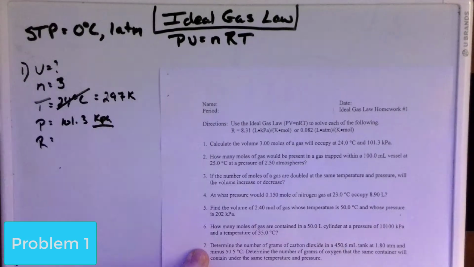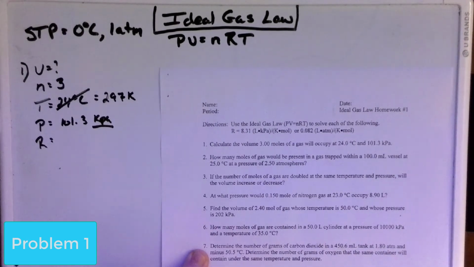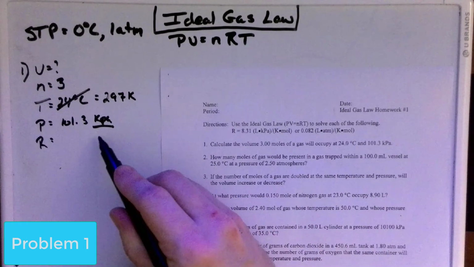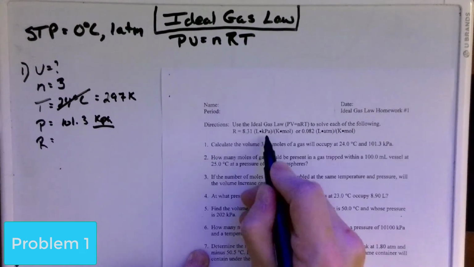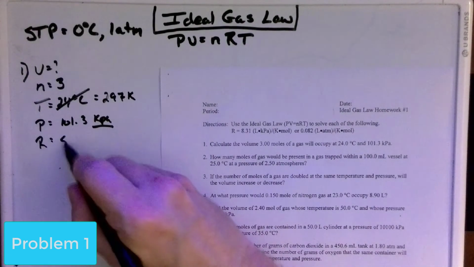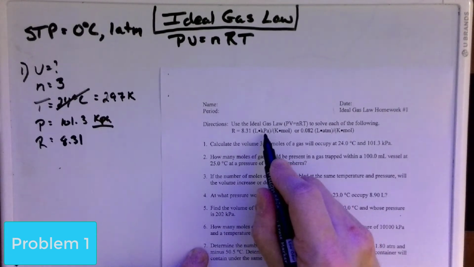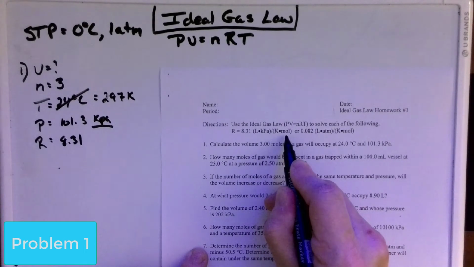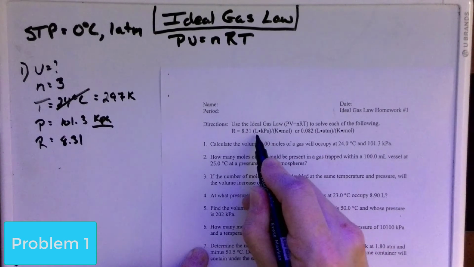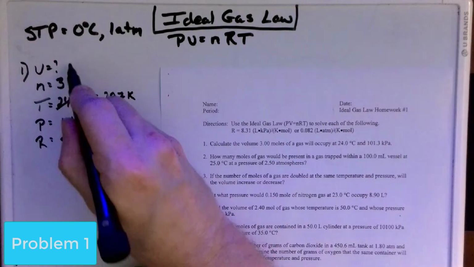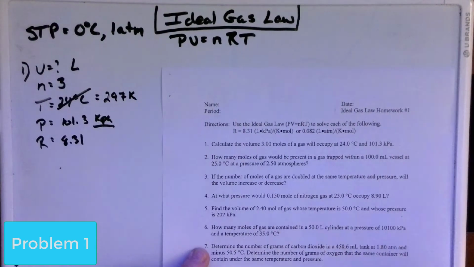We can use the rounded version for this exercise, although either will suffice. So because our kilopascals are here, we need to use the R value with kilopascals, 8.31. We also notice that there's kilopascals, there's Kelvin, there's mole in our R value, and we notice that liters is our volume. So whatever we solve for, our volume must be in liters.